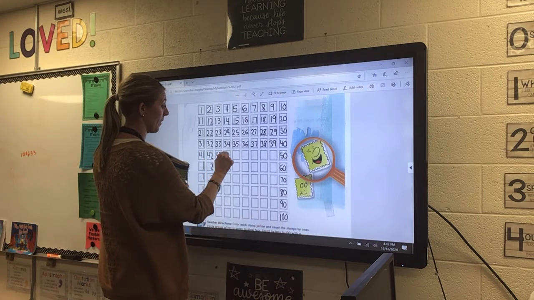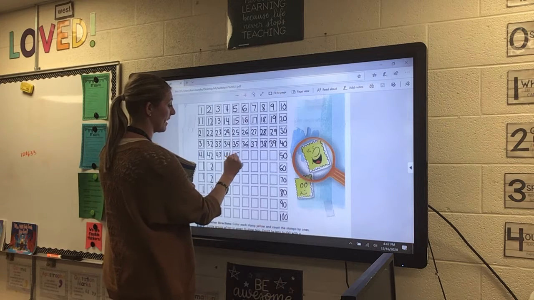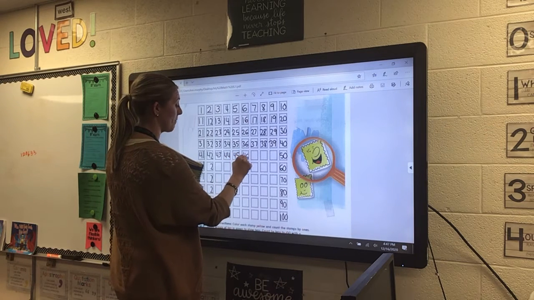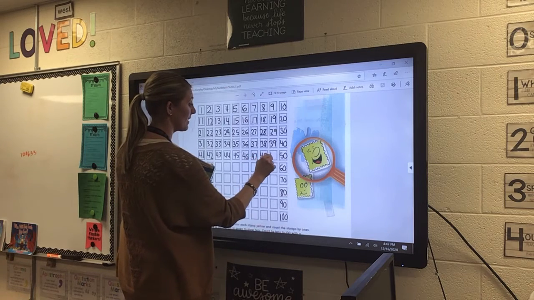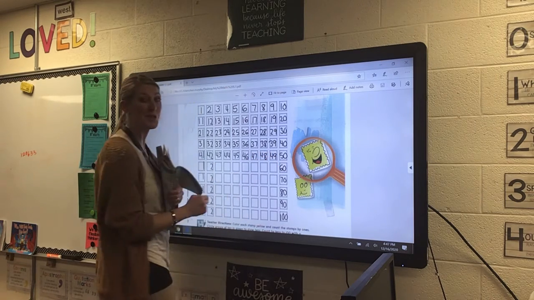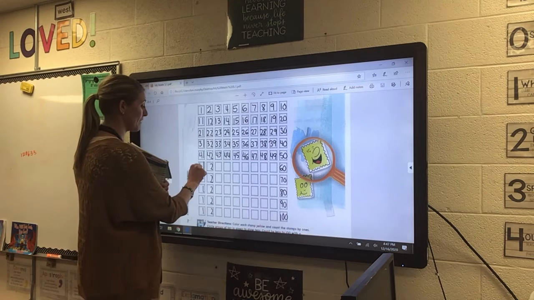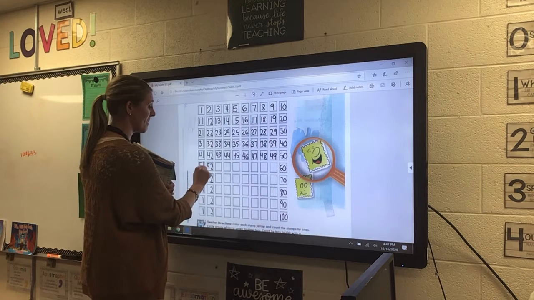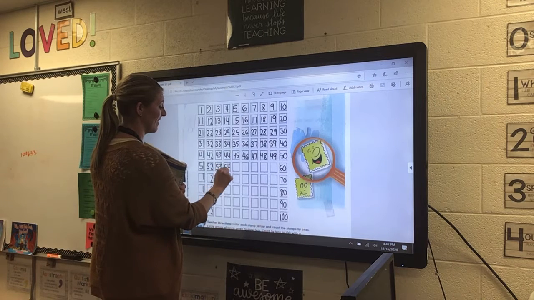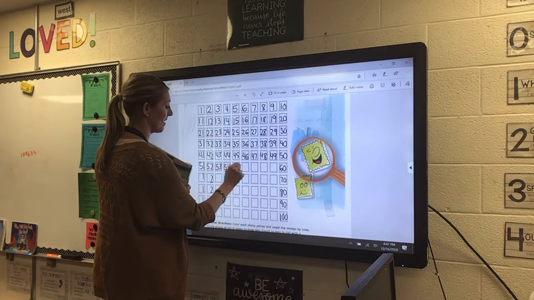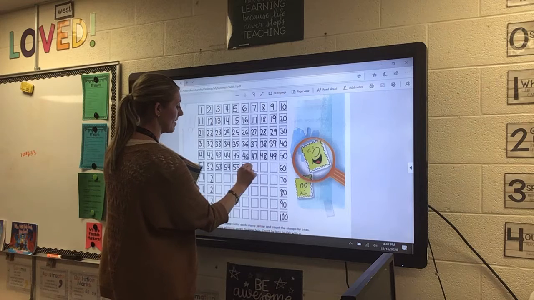And I probably should say while Mrs. Murphy's writing, yesterday Briley and Aria both made their number scroll to 2000. They're the first ones to write their numbers all the way to 2000. Okay, so keep writing.